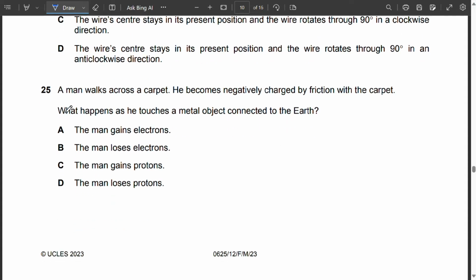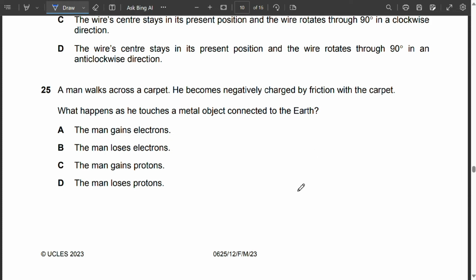25th. A man walks across a carpet. He becomes negatively charged by friction with the carpet. What happens as he touches a metal object connected to the earth? So when a man becomes negatively charged, what will happen when he touches the metal object connected to the earth?